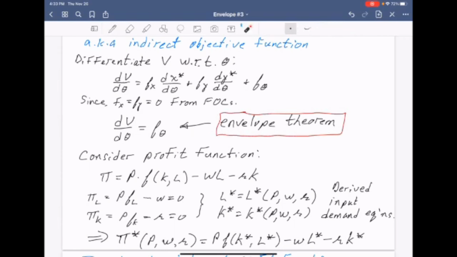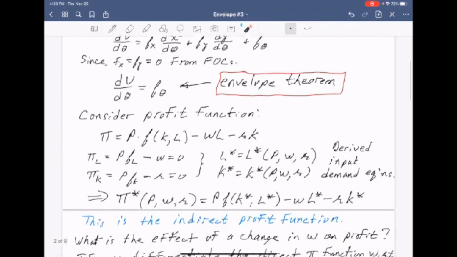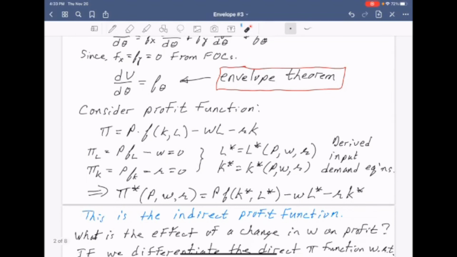Now, consider the profit function. Here we have an unconstrained maximization problem. Profit is price times the production function, f of capital and labor, minus the wage times the amount of labor, minus the rental times the amount of capital. So W and R are the input prices.